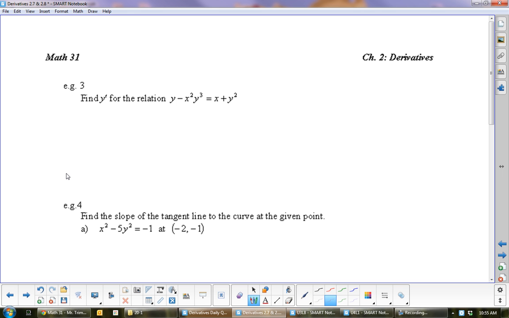So this one here, let's go right to just deriving it with the y primes, okay? So the derivative of y would just be y prime, minus, and let's not make that same mistake again. Let's get a bracket.